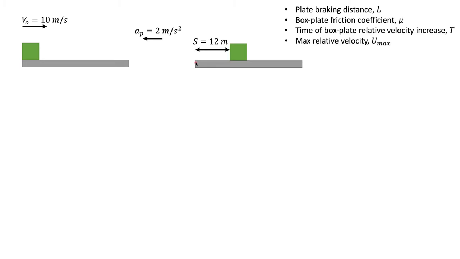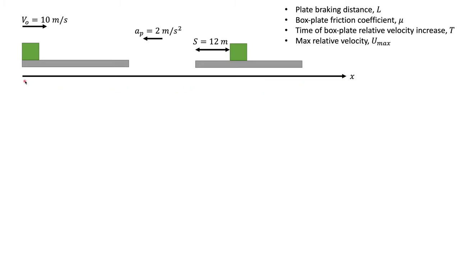All right, let's start with the first question, plate braking distance, or the distance that plate travels. Well, that's really a kinematics problem. We know the plate moves with constant acceleration ap. So first we're going to introduce a coordinate system. The horizontal coordinate x will be to the right.